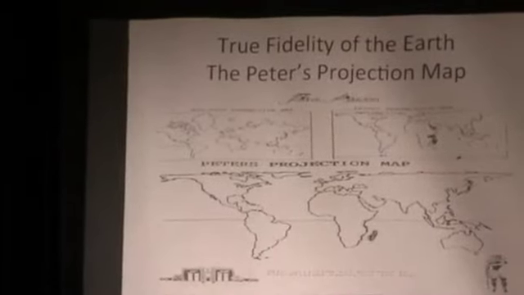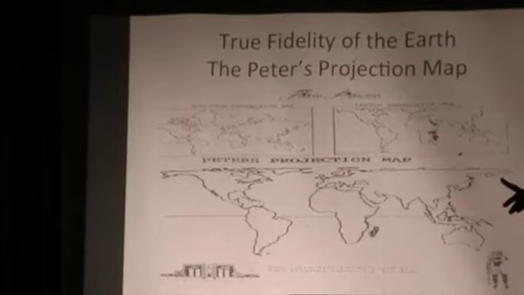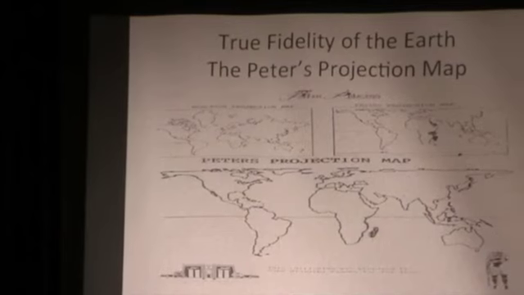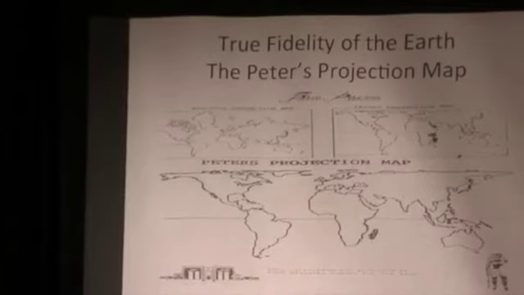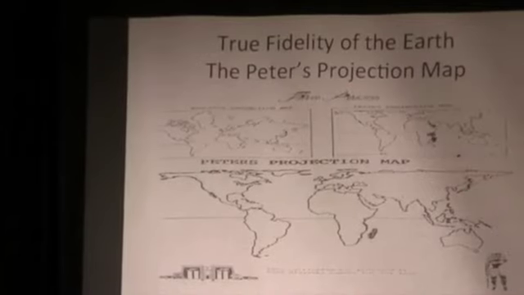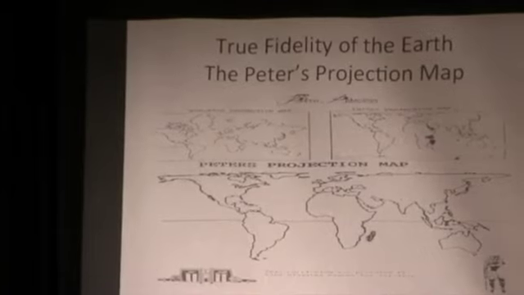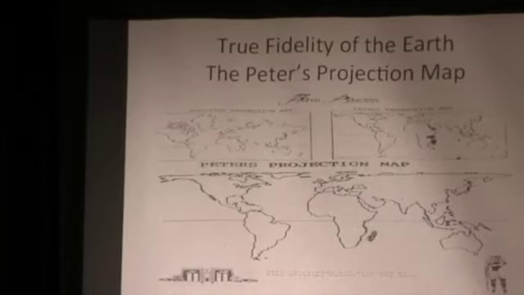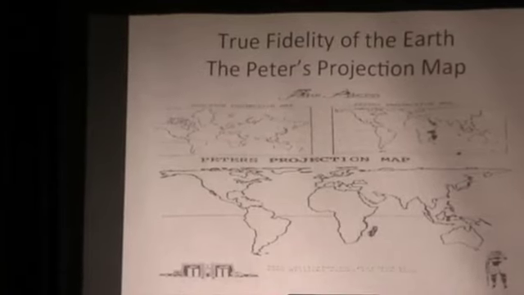However, there was a man by the name of Arnold Peters who was commissioned. He was a cartographer. A cartographer is somebody who studies maps. He draws maps. And what he developed was another map, but this map was done by the research done by spaceships from outer space that took pictures of what the Earth actually looks like, what the continents actually look like.